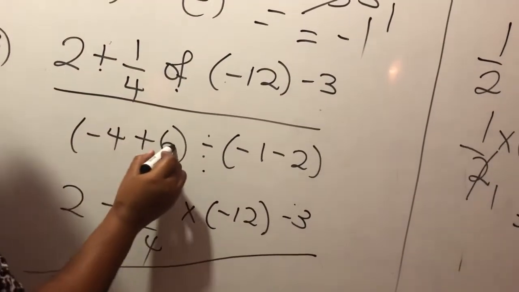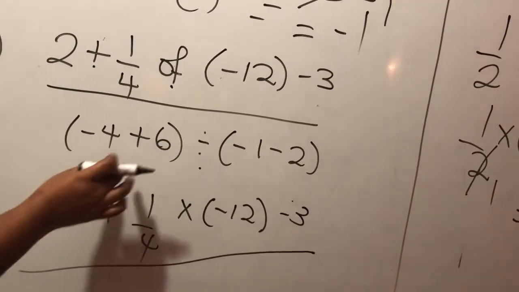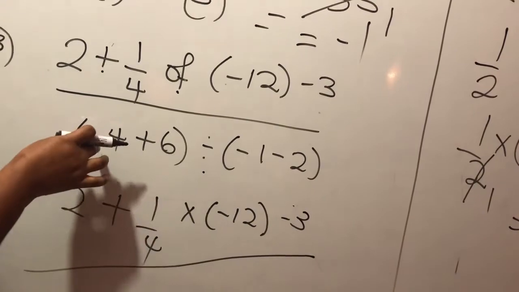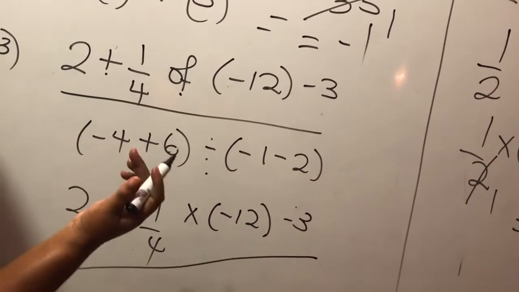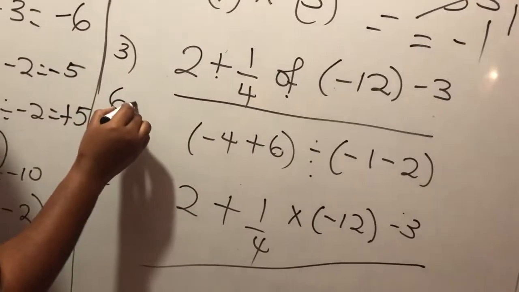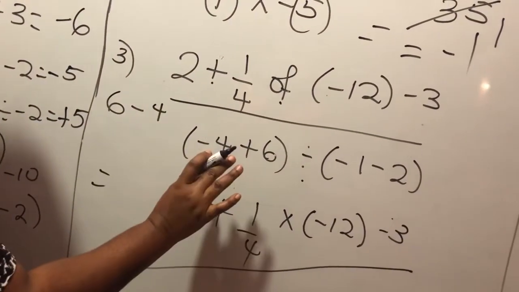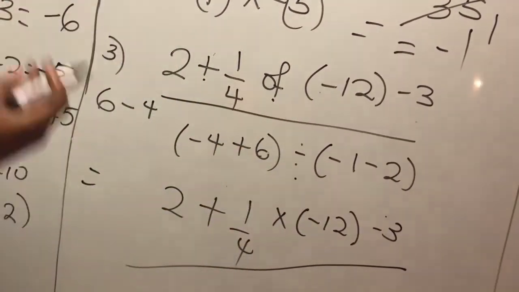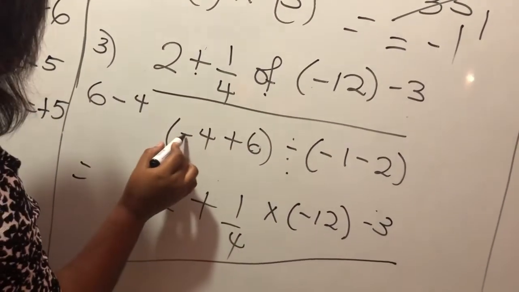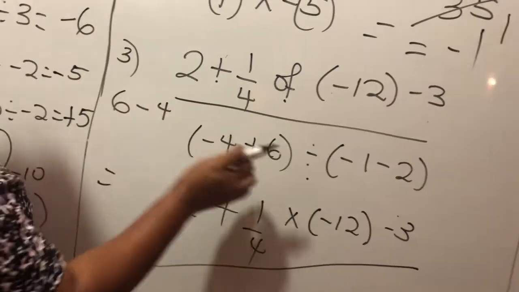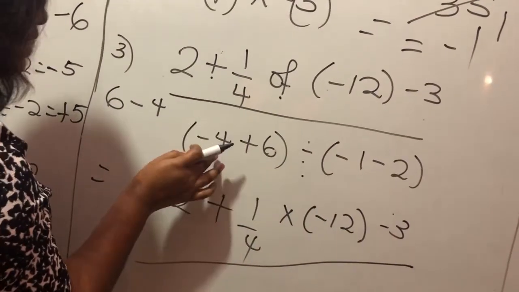Now, the rule here too, if you remember, is that when the positive number is greater than the negative number, the positive number comes and it just subtracts the negative number. So it is 6 minus 4. Do you get it? The positive number is bigger, so it comes first, minus the 4.